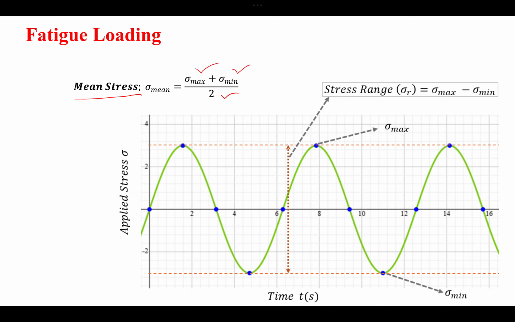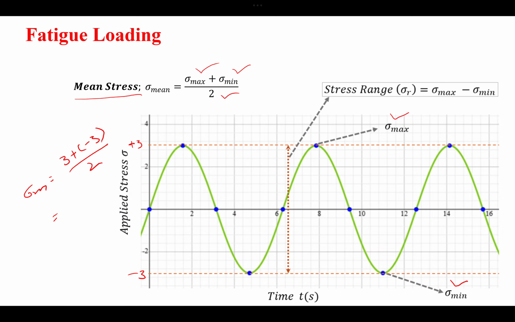You take the maximum value, you take the minimum value, you add them up and then divide by 2. In this case, the maximum is, let's say, +3 and the minimum is -3.